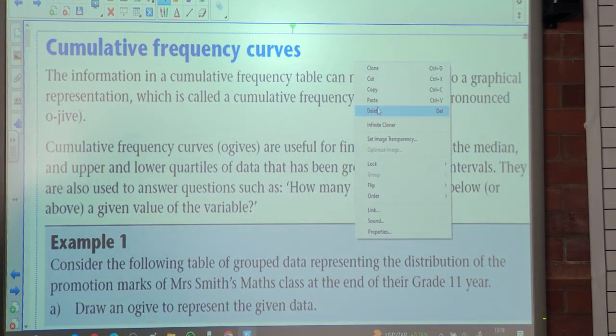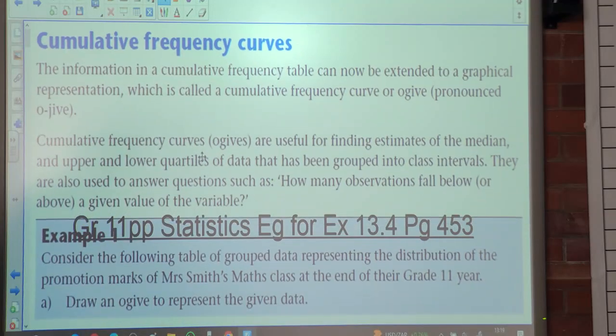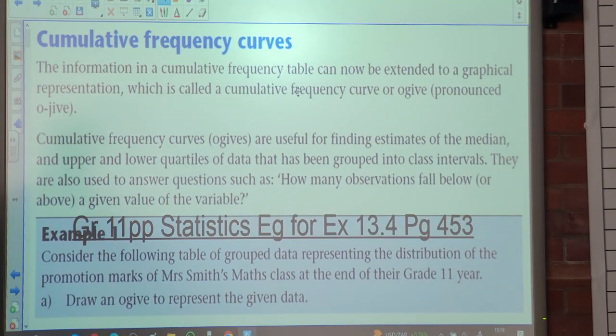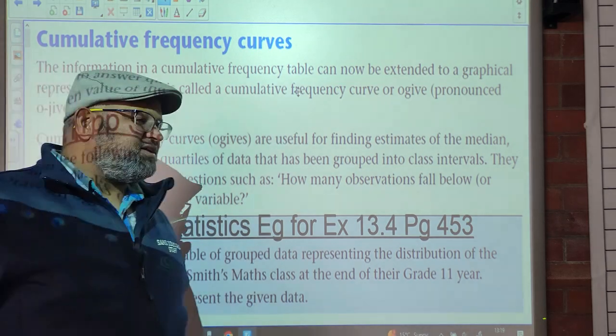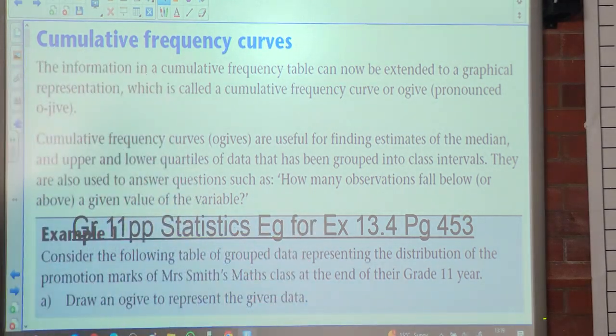Cumulative frequency curve. The information in your cumulative frequency table can now be extended to a graphical representation, which is called a cumulative frequency curve or ogive. Okay, the ogive graph. So if they're talking about the cumulative frequency curve or the ogive, they're speaking about the same thing. Okay?